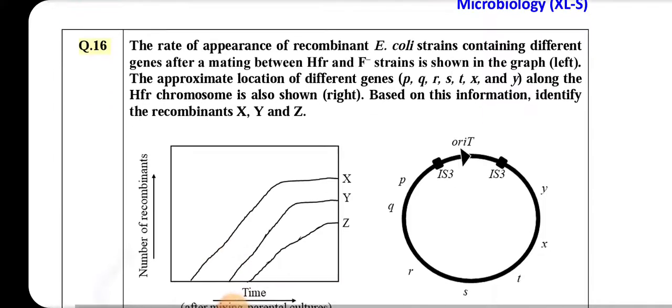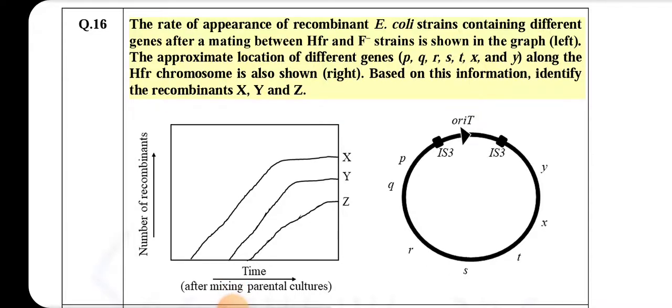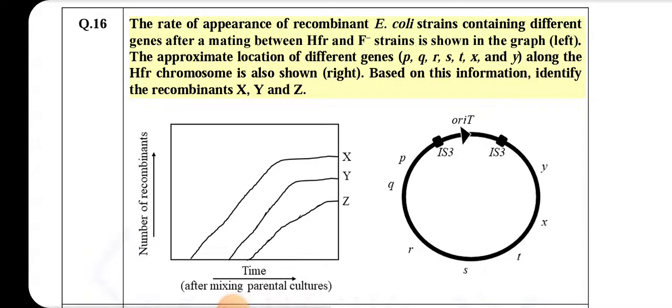Q.16 The rate of appearance of recombinant E. coli strains containing different genes after a mating between Hfr and F- strains is shown in the graph on the left. The approximate location of different genes P, Q, R, S, T, X, and Y along the Hfr chromosome is also shown on the right.